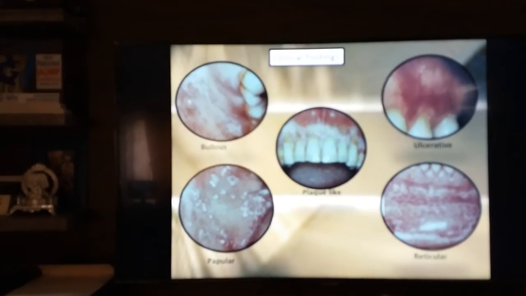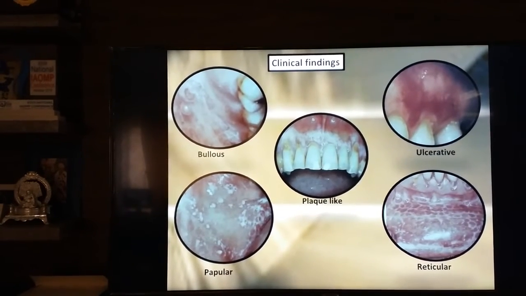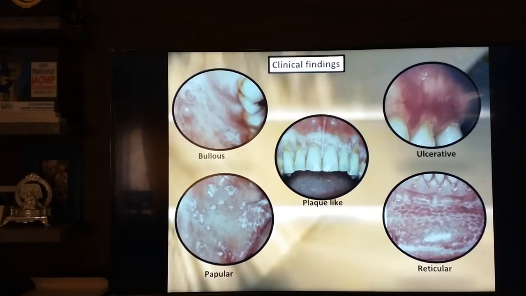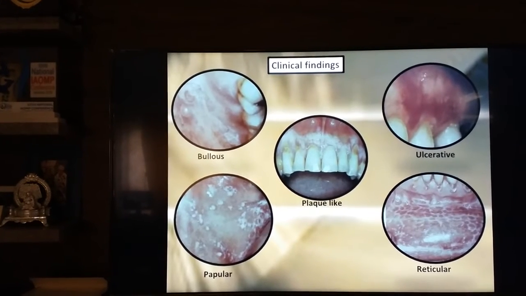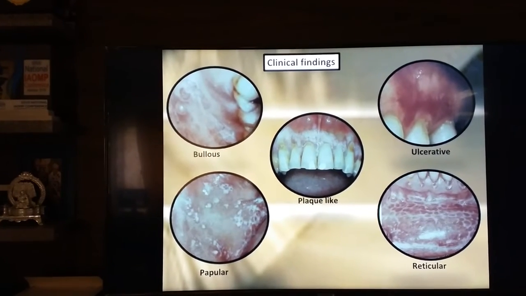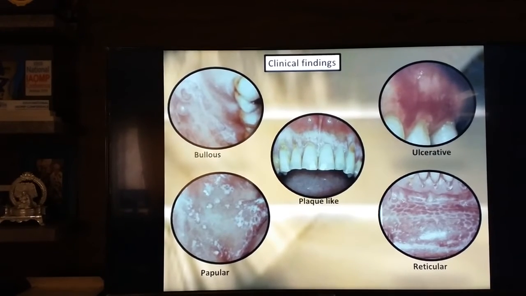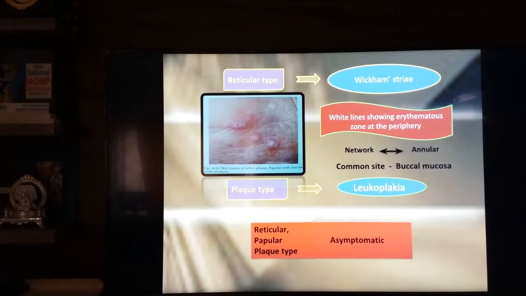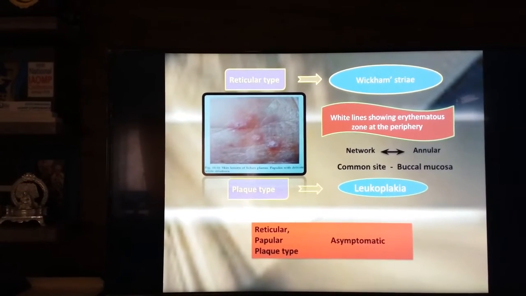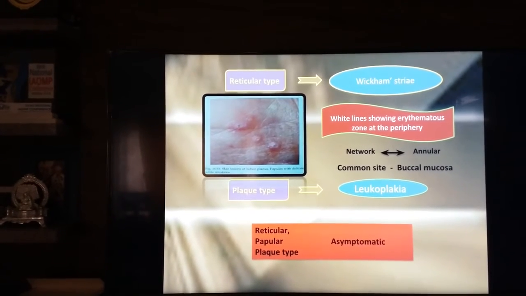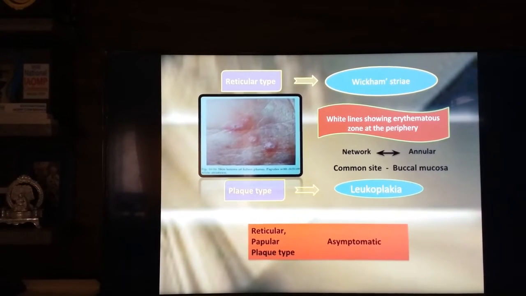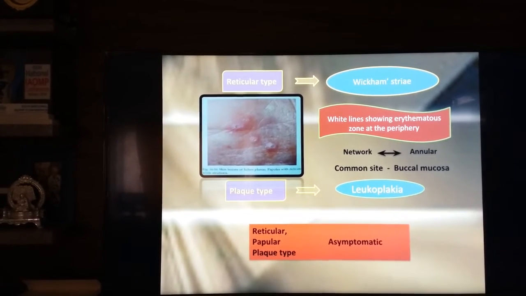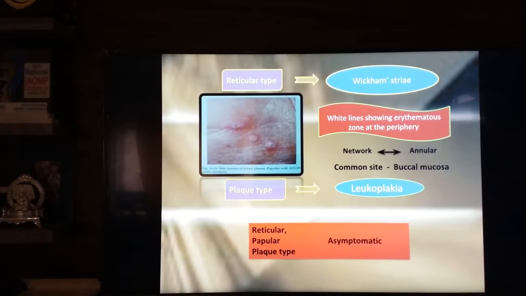You can see all the different types of lesions that can be found: bullous, ulcerative, plaque-like, papillary type, and reticular type. Usually, the main characteristic feature of lichen planus is the reticular type, where you find a small network of white bands of structure.